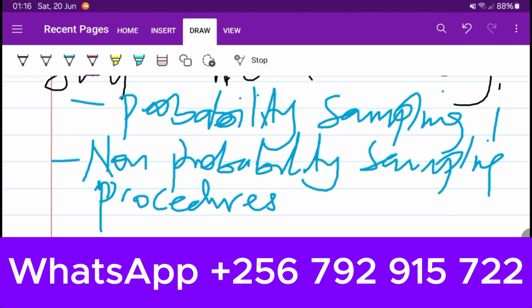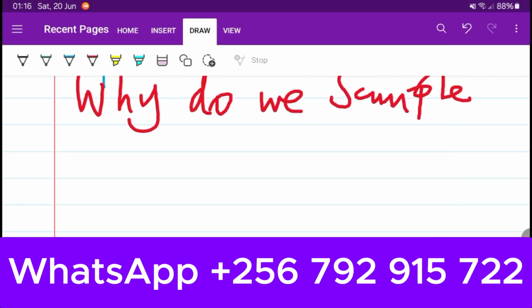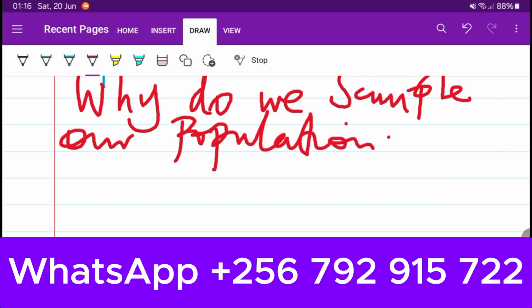Why do we sample our population, or what are the advantages of using a sample over the entire population of study? Those are the things that we are going to look at.